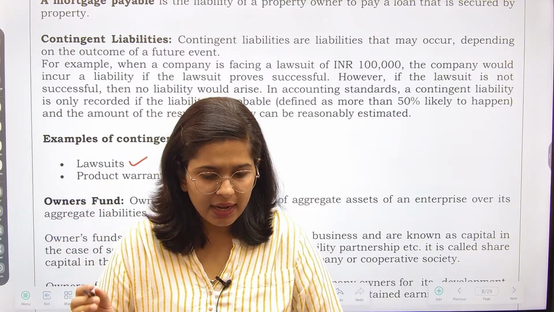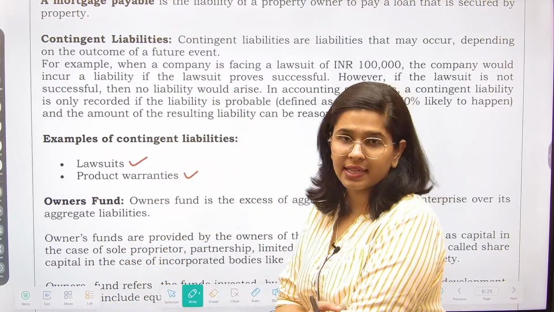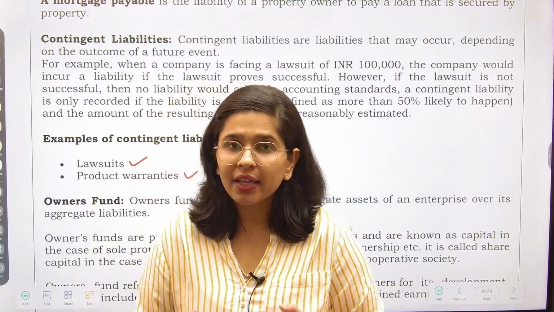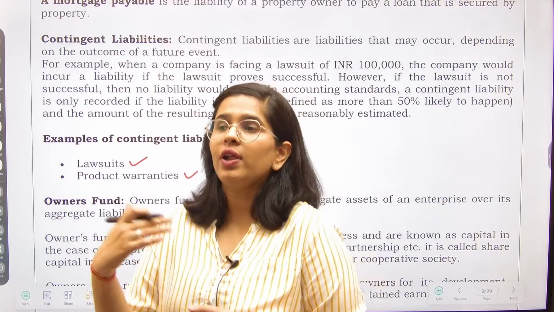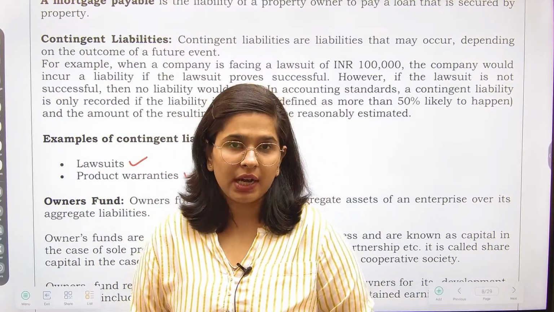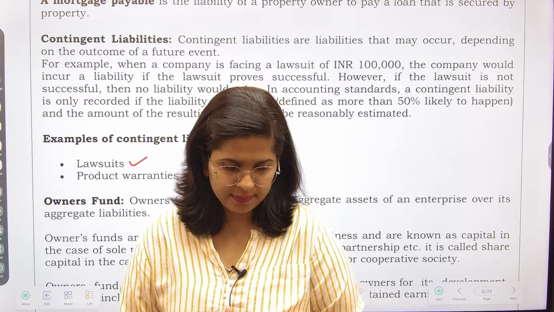So both cases are there. Next is lawsuits. Lawsuits means court cases. So in case of a court case, you are not aware whether you will win the case or lose the case. You do not know the probabilities as of now, right? So this is called a contingent liability.